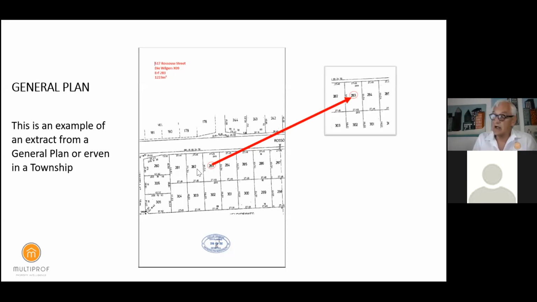So if you don't get that one pager that we looked at before, it will form part of many urban, but all the information is on there. There you see the distance, the street front, 27.46 meters, and the depth. And it will also give you the square meterage, 1223 square meters. So that is when it's in the general plan.